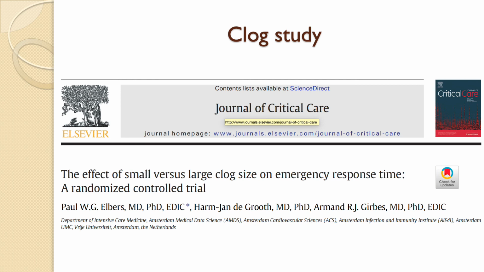But it was this feeling that made me think of this study that I designed, the effect of small versus large clog size on emergency response time, a randomized controlled trial. And this is in one way a serious trial, and of course it's also a trial to protest a little bit about the value that is so much attached to randomized controlled trials.